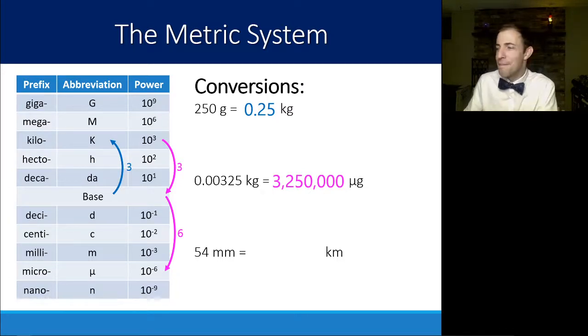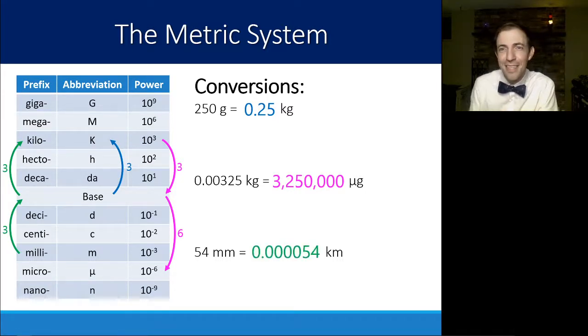3,250,000. And then millimeters to kilometers, a similar thing. Milli to base is 3, base to kilo is 3. So how many kilometers should there be in 54 millimeters? Of course, the answer is 6 places, making it much smaller, 0.000054 kilometers.